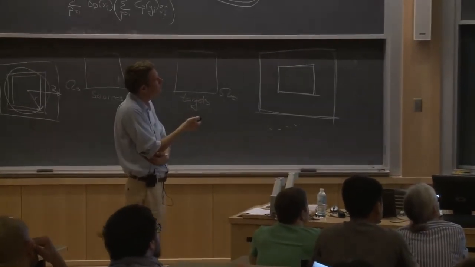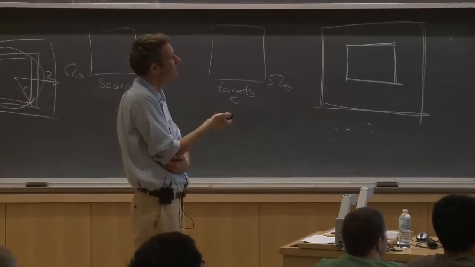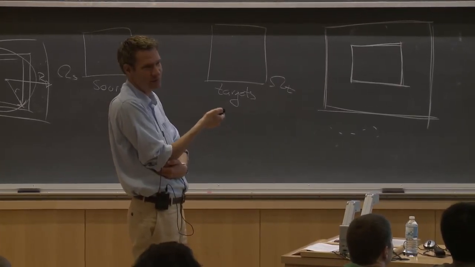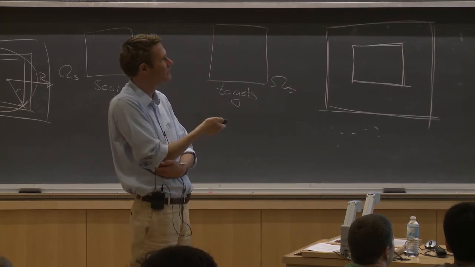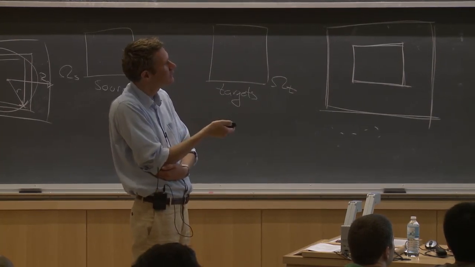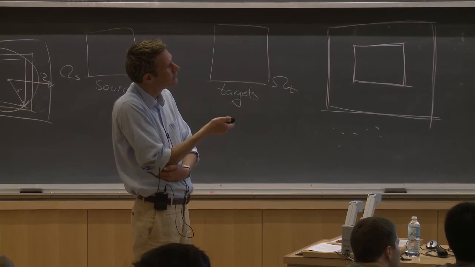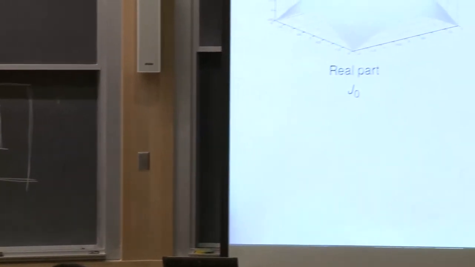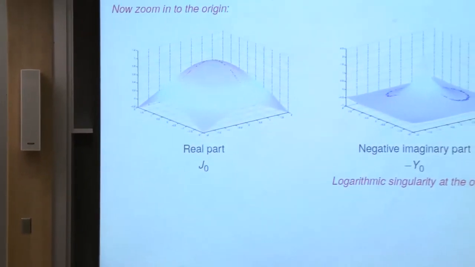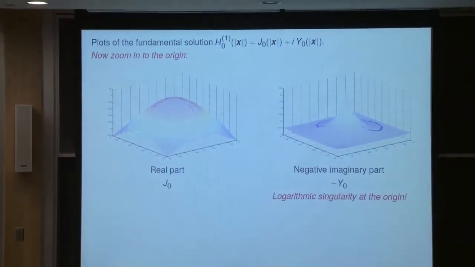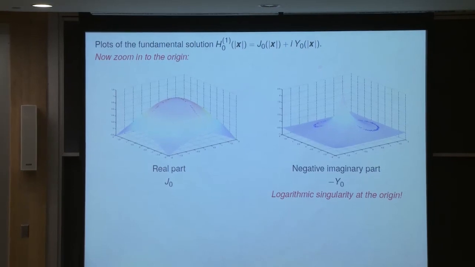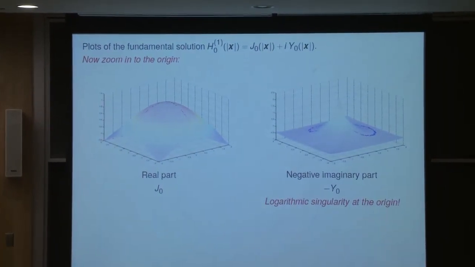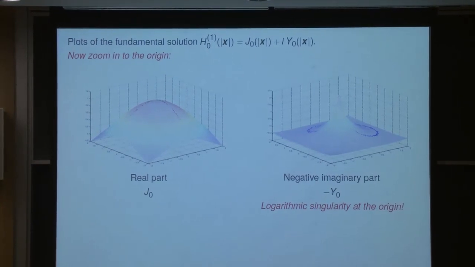Let's zoom in a little bit, because this picture I wanted to show you the oscillations. That means I don't really see what's going on at the origin, but this is important, so let's zoom in. At the origin, the imaginary part of H0 goes to infinity, and it behaves just like the fundamental solution of Laplace here. So once your waves are at length scales that are sub-wavelength, things really look like Laplace. So you have a log singularity at the origin.